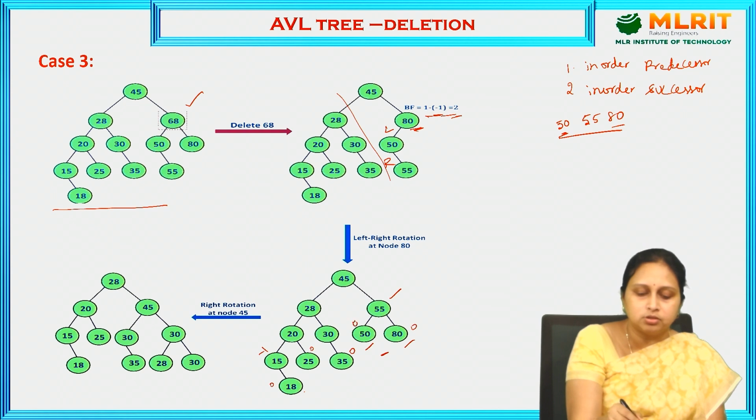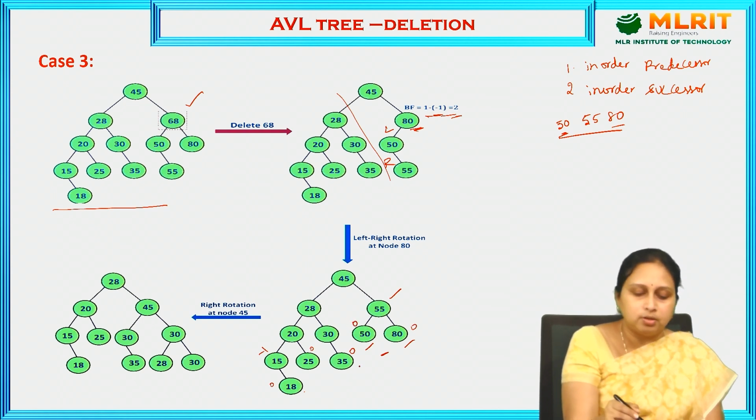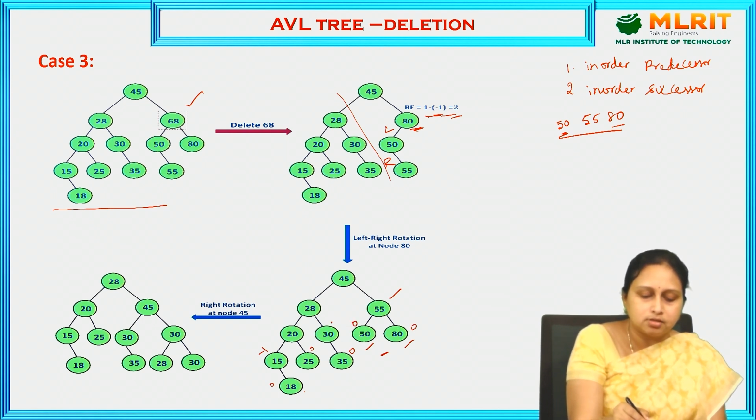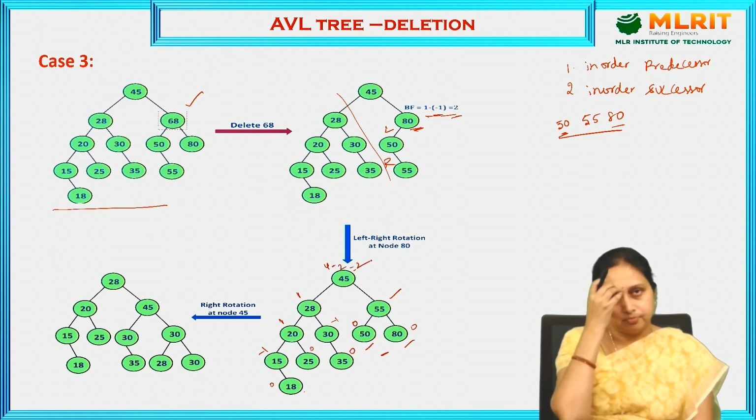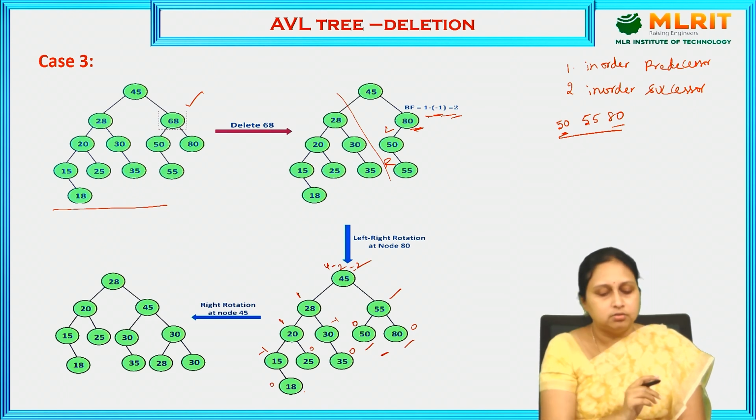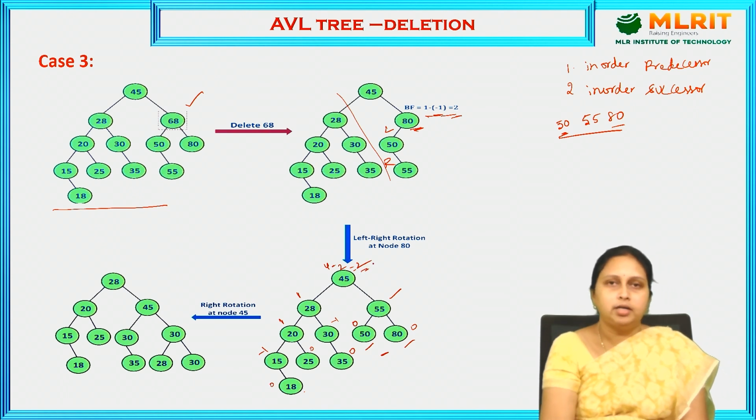All leaf nodes will be 0, and this is -1, and this one could be 2 minus 1 is 1, and this will be 3 minus 2 is 1, and this is 1, 2, 3 and 4. 4 minus 2 is nothing but 2.